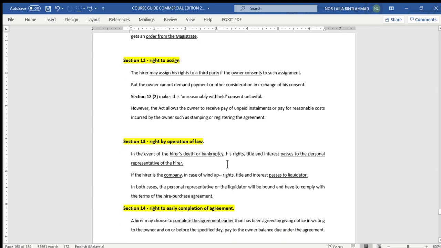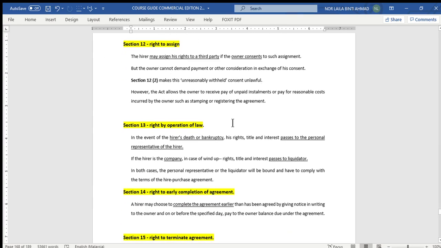Okay, based on Section 12, right to assign. Right to assign means that the hirer may transfer his rights to a third party if the owner consents to such assignment. But the owner cannot demand payment or other consideration in exchange for his consent. Under Section 12, Subsection 2, unreasonably withheld consent is unlawful.